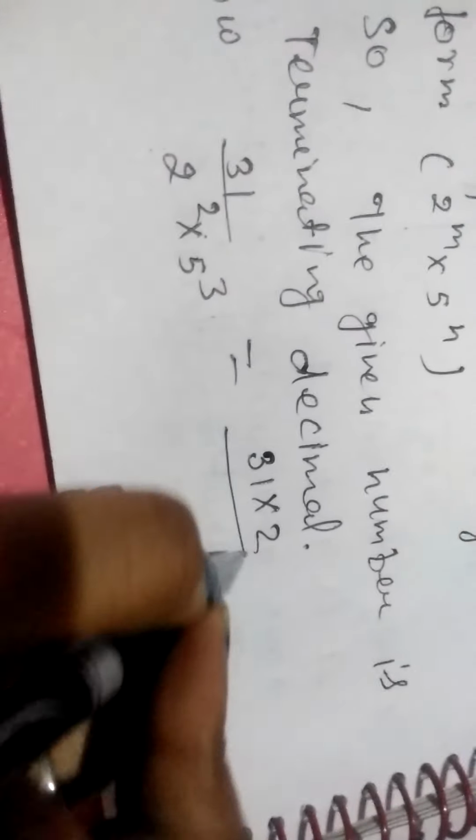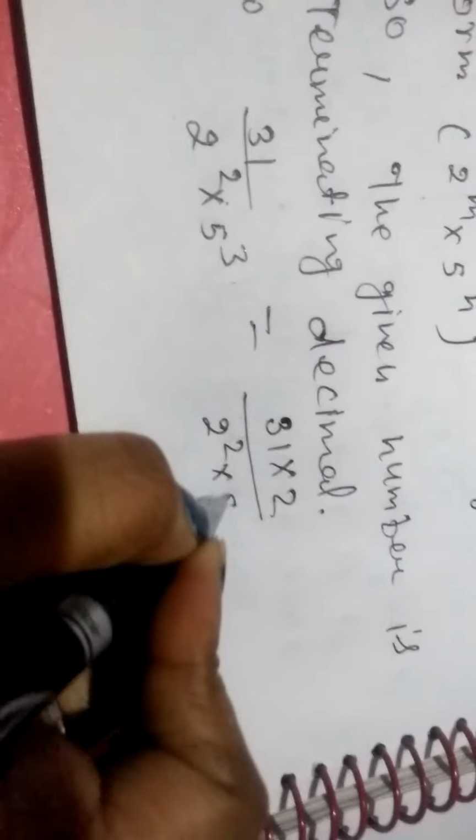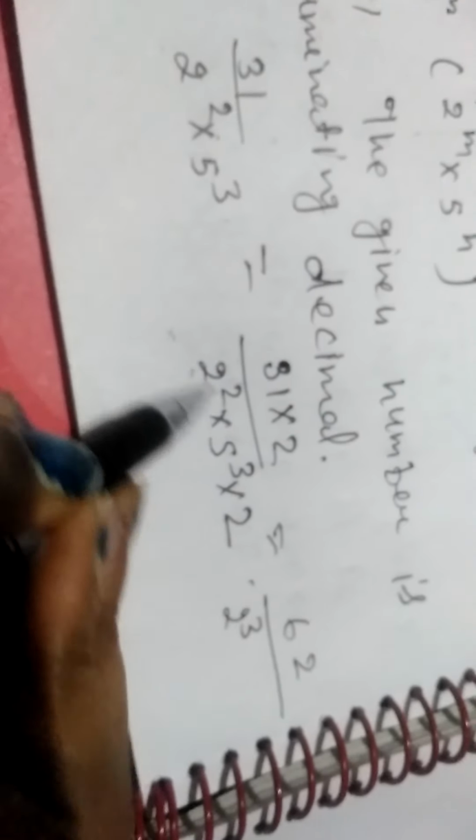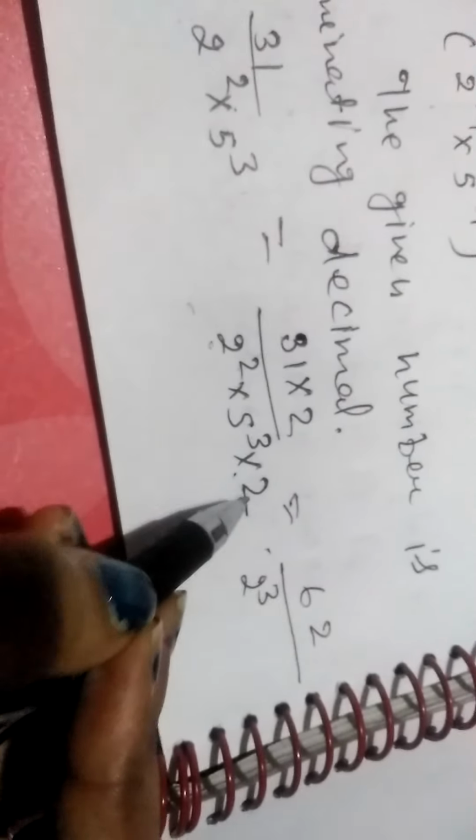Now we multiply by 2 in numerator and denominator: 31 into 2 upon 2 to the power 2 into 5 to the power 3 into 2 is equal to 2 ones are 2, 2 threes are 6, 62 upon 2 to the power 3 into 5 to the power 3.